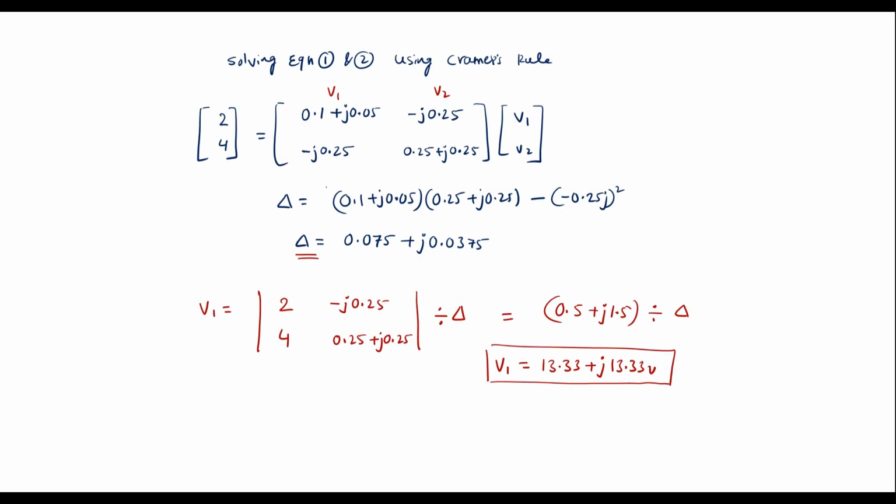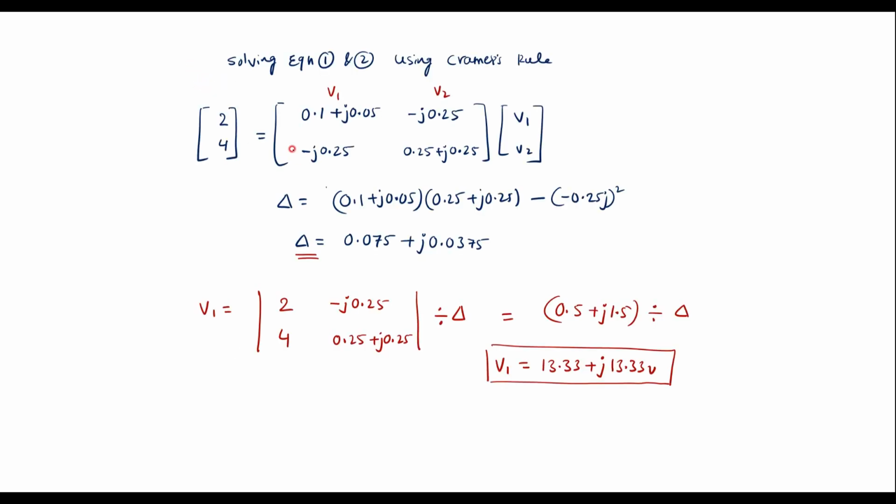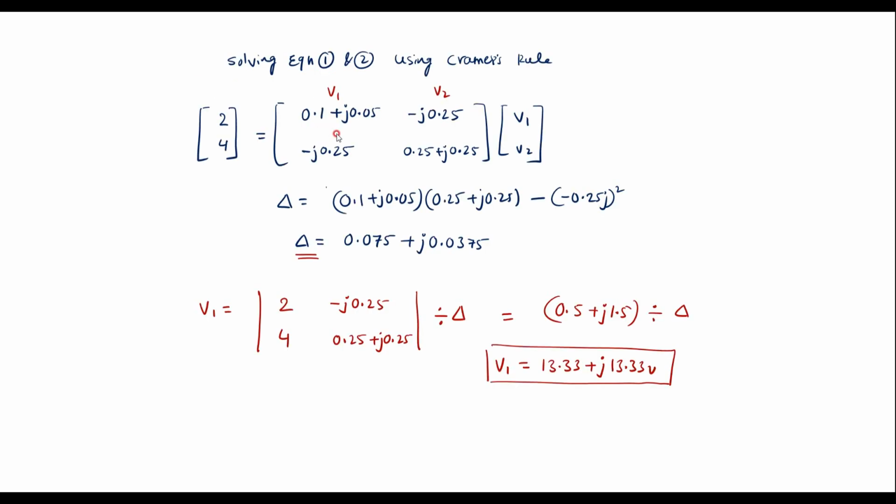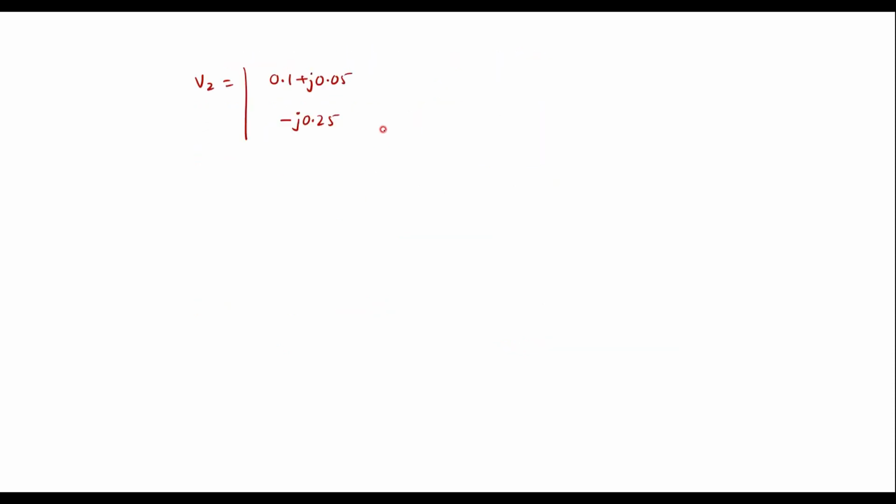So now similarly calculate V2. Keep the V1 column as it is, that is 0.1 plus j0.05 and minus j0.25. Here the V2 column should be replaced by these two values, that is 2, 4.